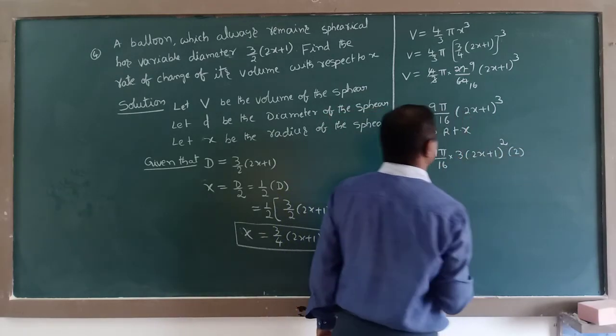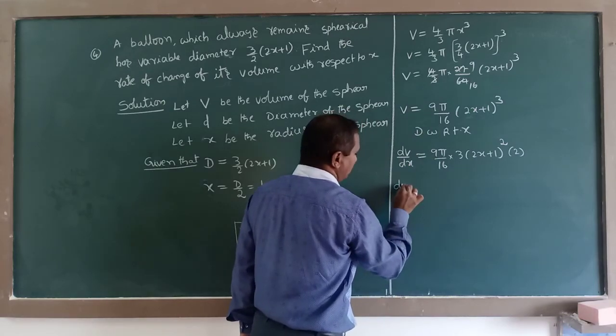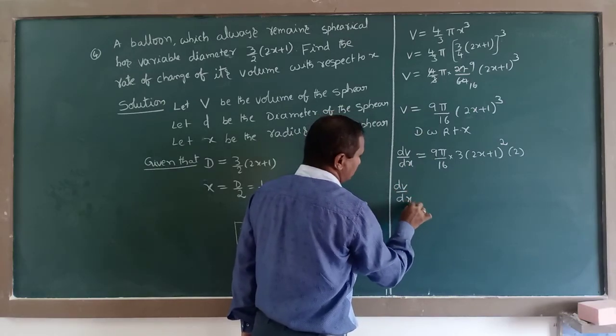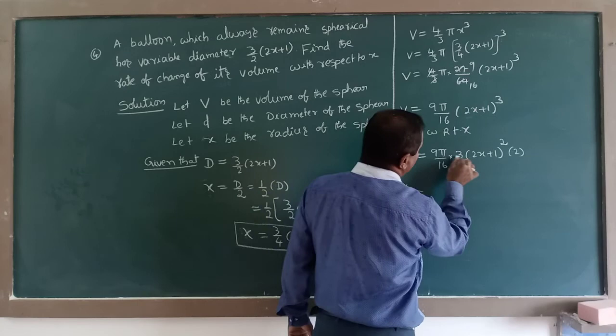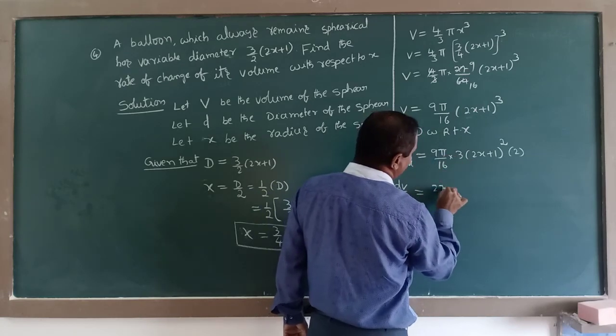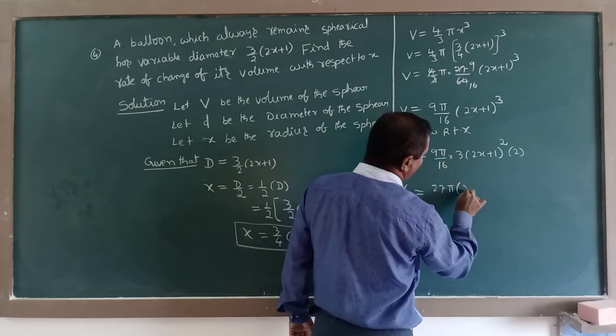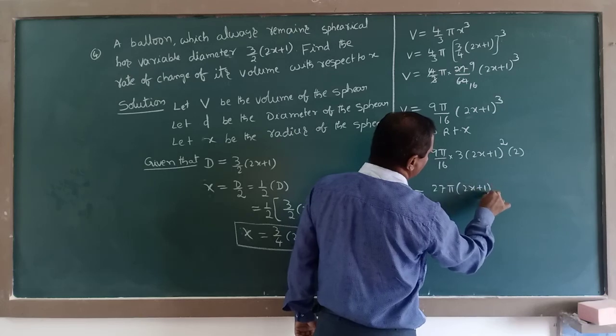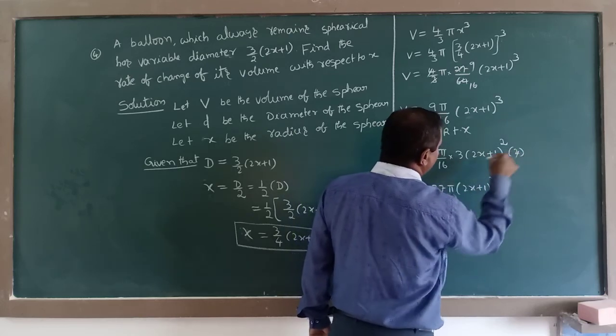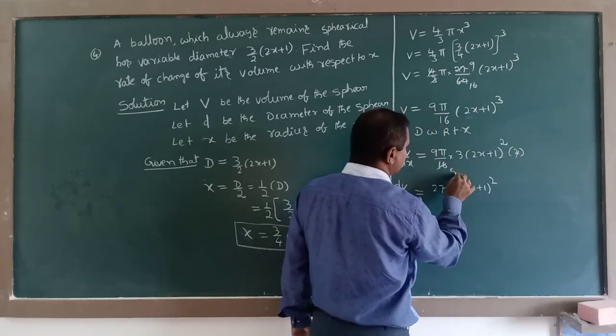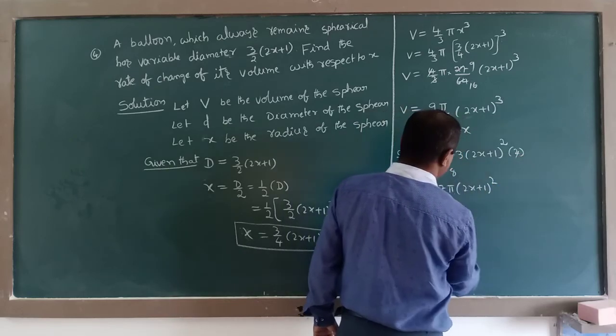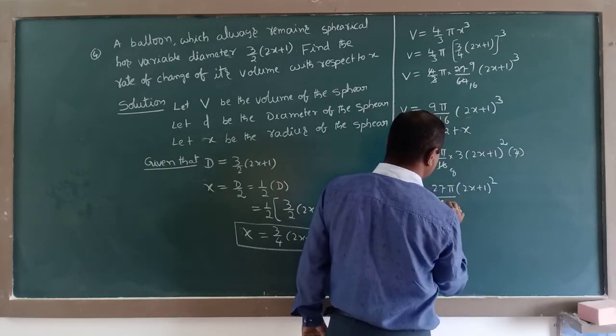So dV by dx is equal to 3 nines are 27 pi into (2x plus 1) whole square, and 8 cancels, that is the whole divided by 8.